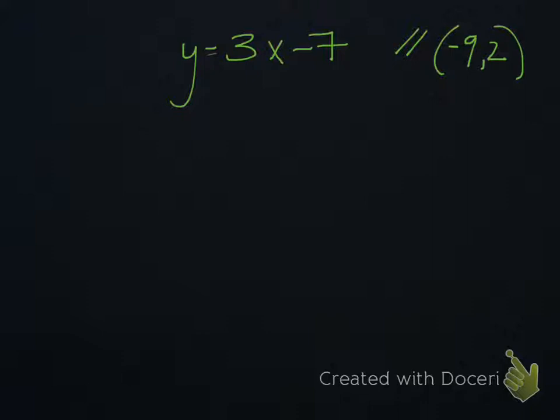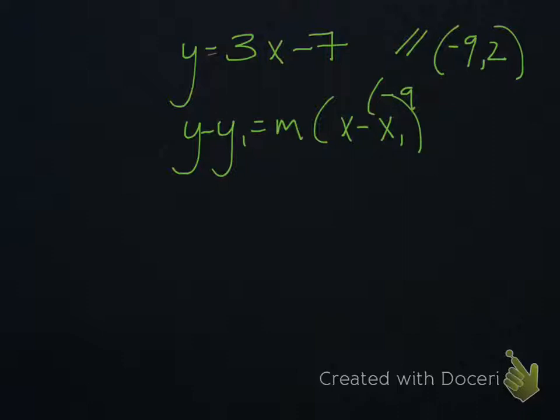All right, we're going to do what we did before. Remember, point-slope form: y minus y1 equals m times the quantity of x minus x1, where x1 and y1 are your ordered pair. So I can swap in my x value of -9.